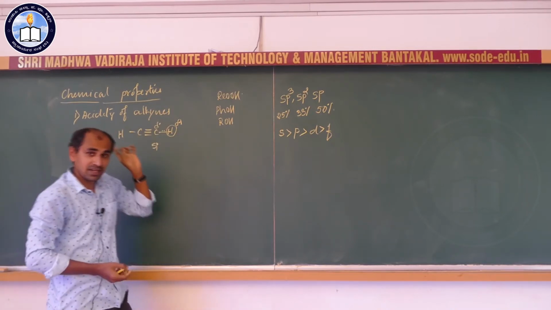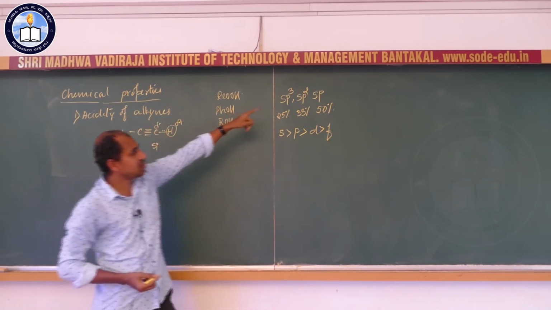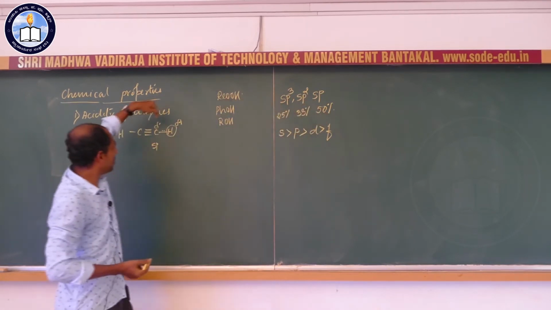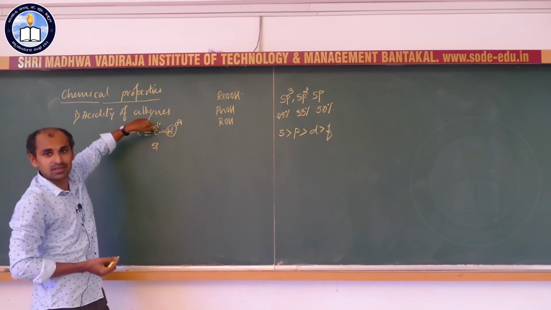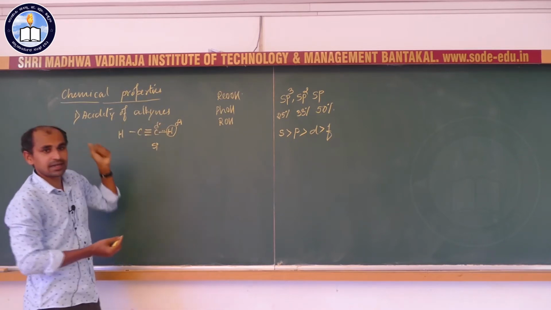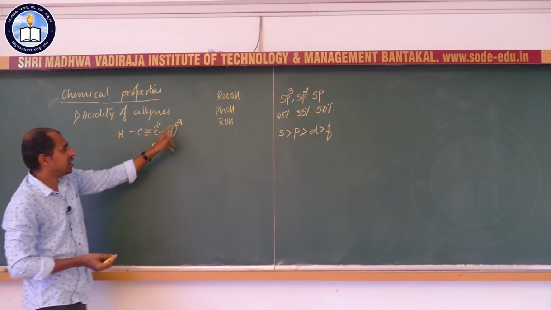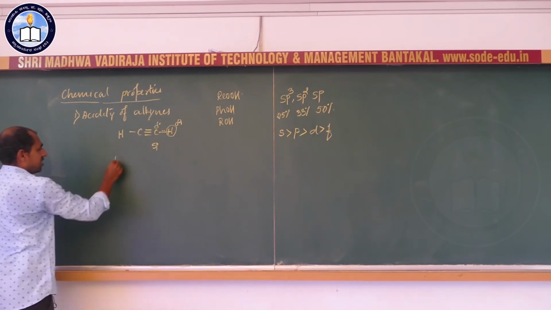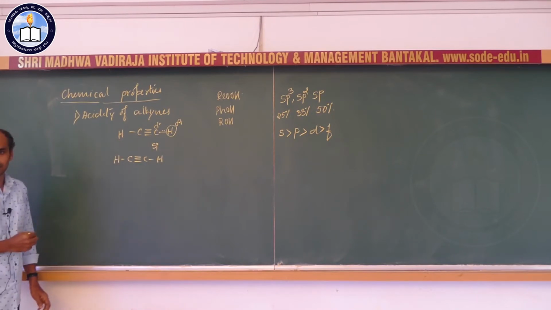So, the actual reason for acidity of alkyne is it involves sp hybridization, has maximum s character, hence it is more electronegative in nature. Carbon is more electronegative in nature. As a result, the CH bond pair of electrons is more attracted towards carbon, hence hydrogen experiences electron deficiency, hence it acts as acid. So, once it acts as acid, it reacts with the base to form the corresponding salt.